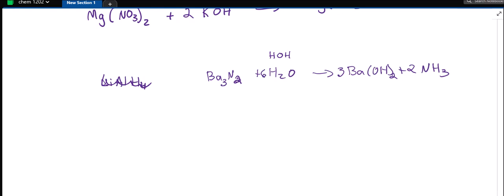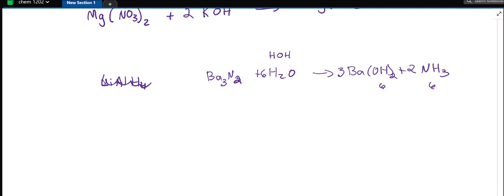So this gets me 12 total hydrogens, and I have 6 hydrogens here, and you multiply here, so this is 2 times 3, I have 6 hydrogens here, so that's 12. I have 6 oxygens, and here I have 6 oxygens, so yes, that works.